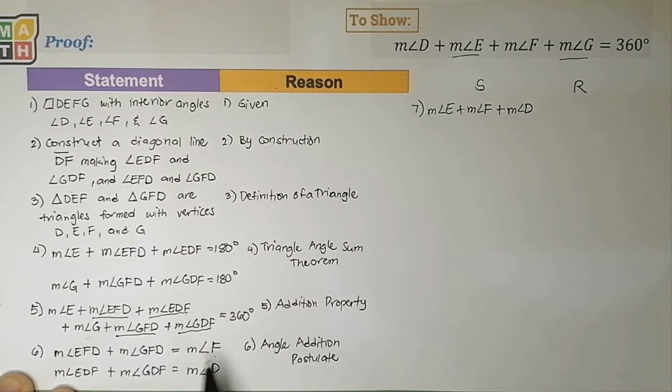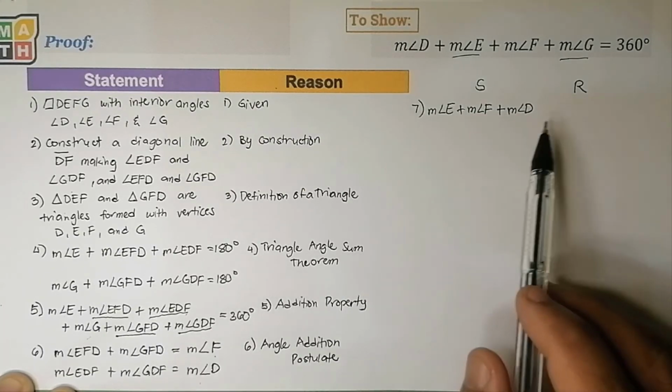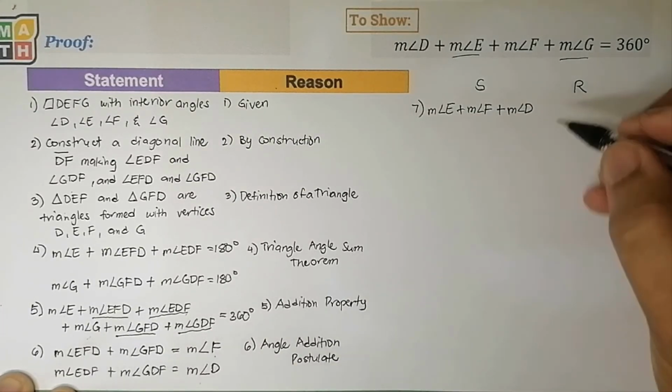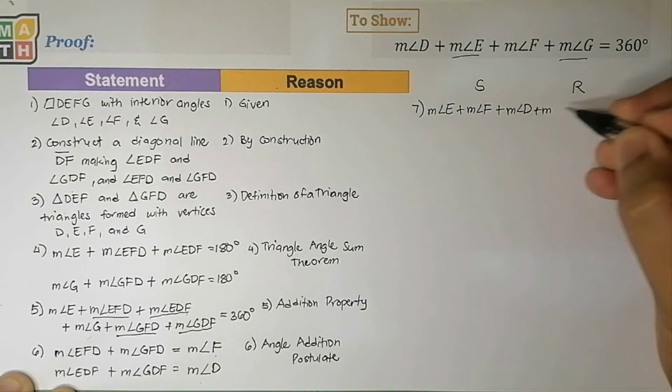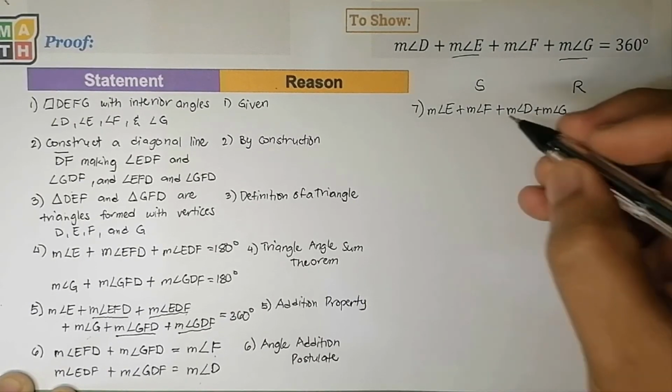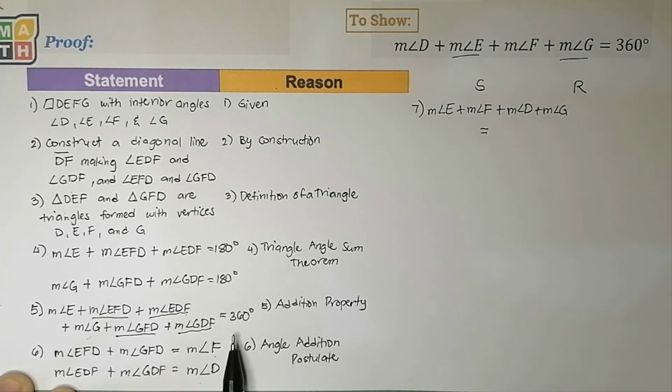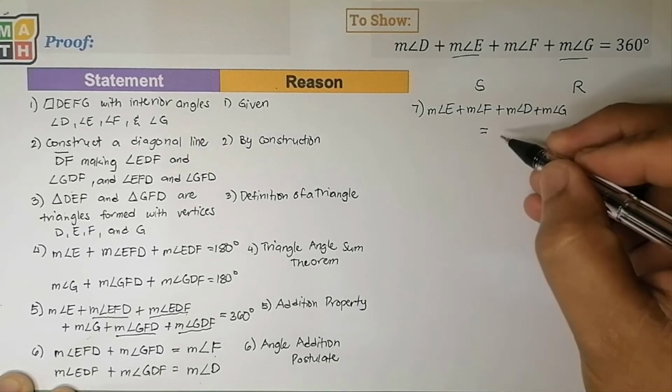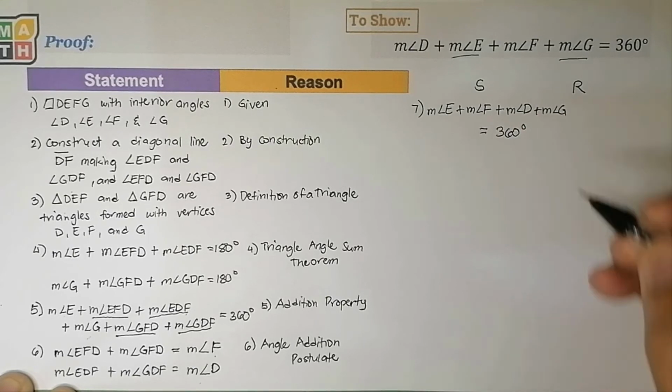The 2 became angle F, this 2 became angle D. What remains must be copied here, plus the measurement of angle G is equal to the total. Okay, the total, which is 360 degrees.